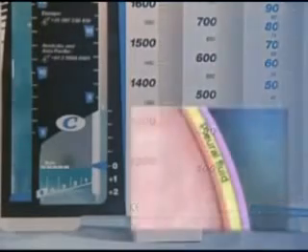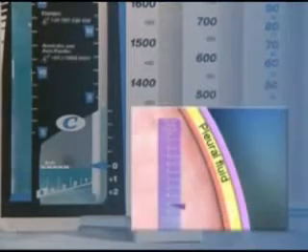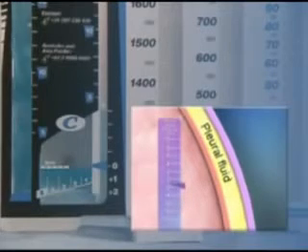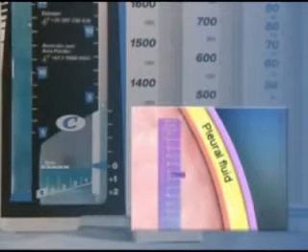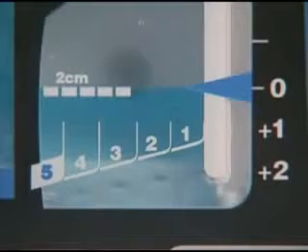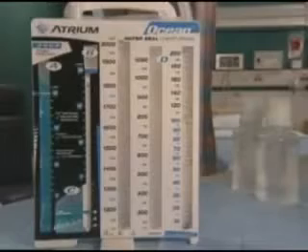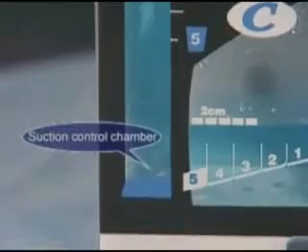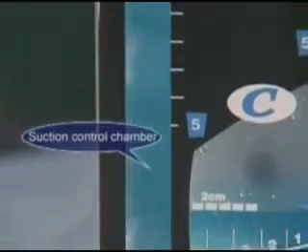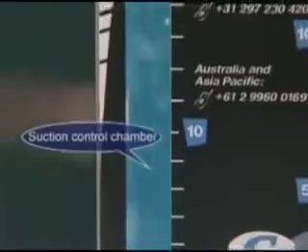For example, if pressure in the pleural space unexpectedly rises, the fluid level in the water seal chamber will fall. This chamber can also detect air leaks in the system or pleural space. In systems without a water seal chamber, an air leak monitor serves that purpose. The suction control chamber is found on systems that use wet suction.